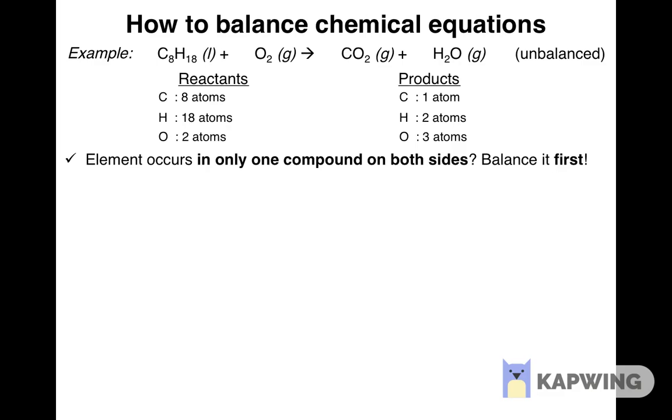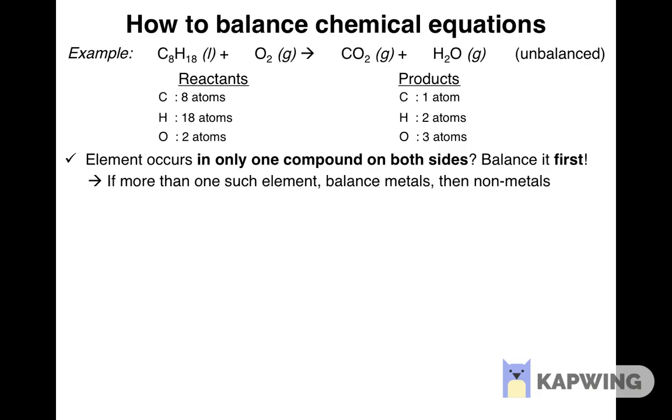In this case, such elements are carbon, that only occurs in propane on the reactant side and in carbon dioxide on the product side, and hydrogen, that only occurs in propane on the reactant side and in water on the product side. There are 8 carbon atoms in a propane molecule and only 1 carbon atom in a carbon dioxide molecule.